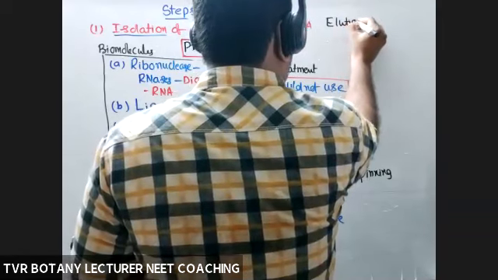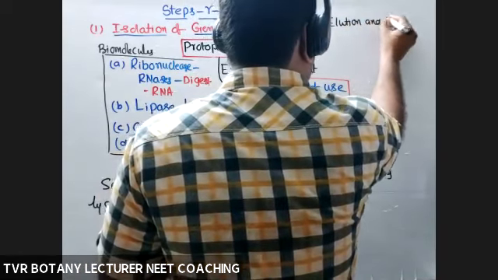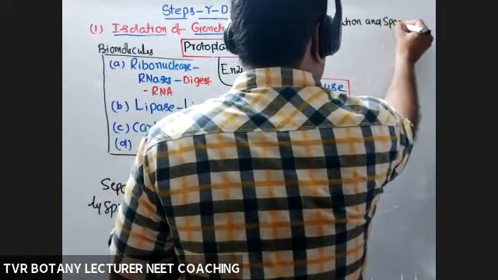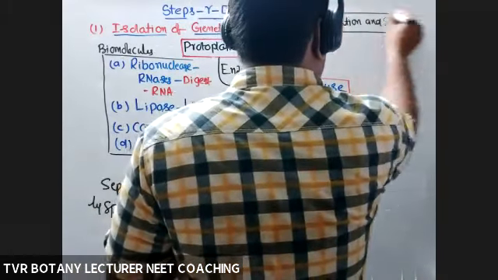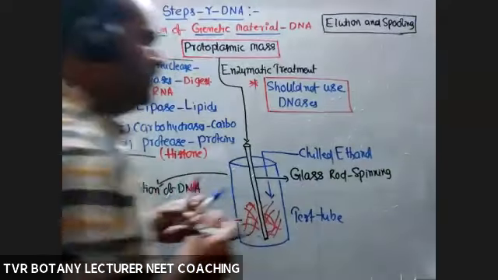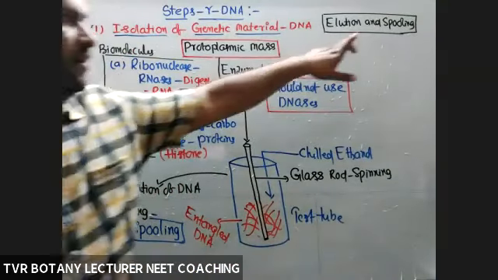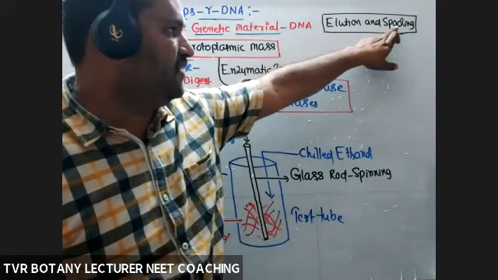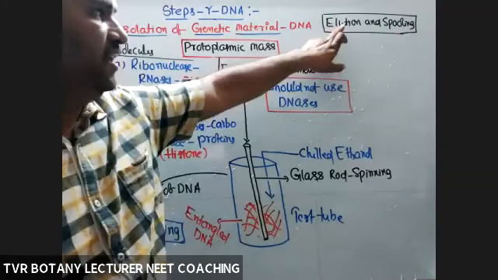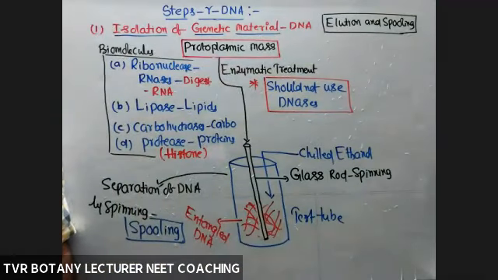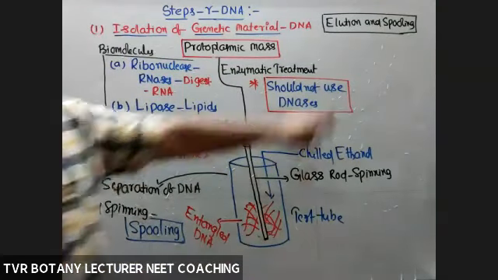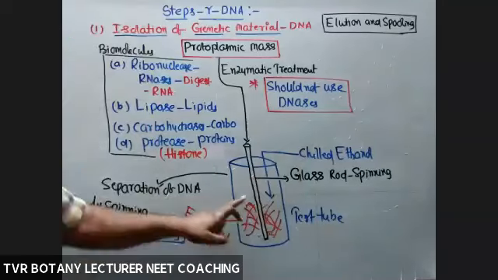So what is the difference between elution and spooling? This is also very, very important. First, spooling is the separation of DNA molecules or genetic material.